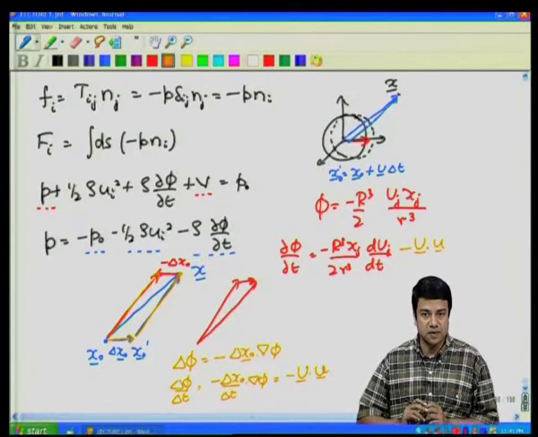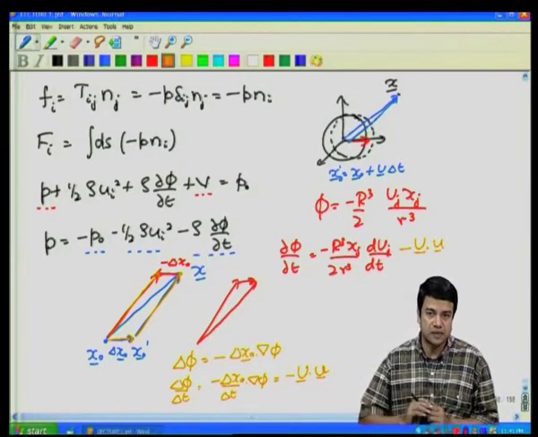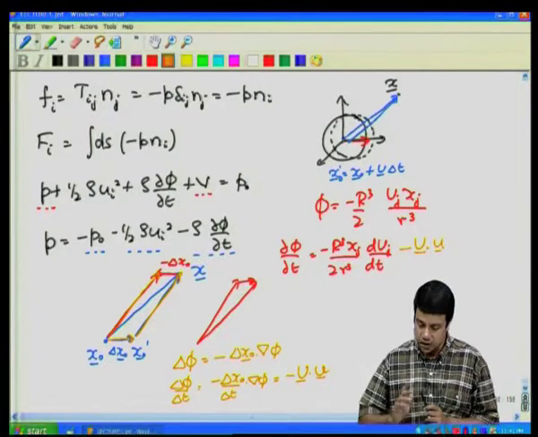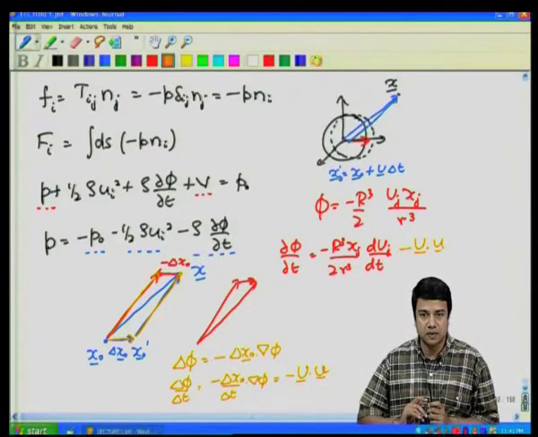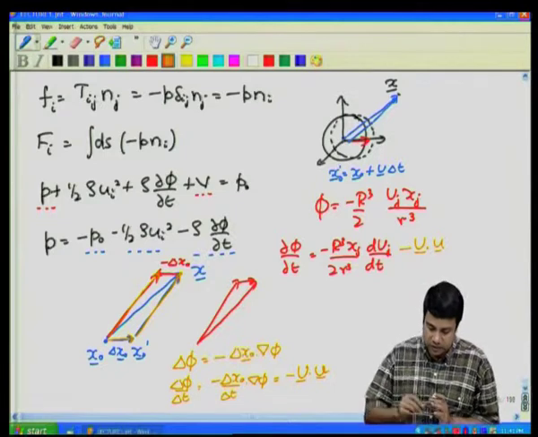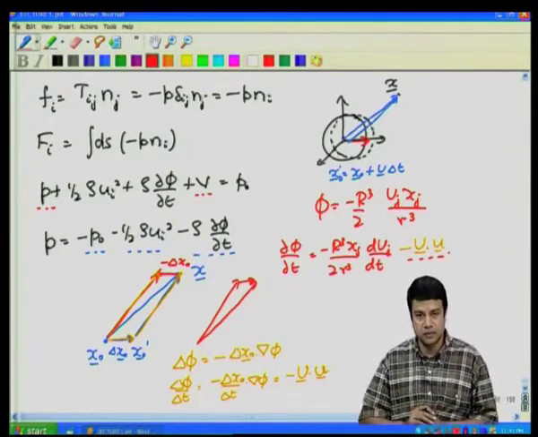In that case, of course, the flow was quasi steady, we had neglected the time derivatives, and therefore we could always calculate the stresses. In this particular case, there is a time derivative of the potential that enters into the calculation, and when you have a time derivative in a reference frame that is moving, you have this additional term which comes into the time derivative of the potential, that has to be included.